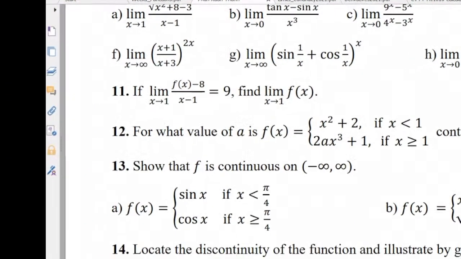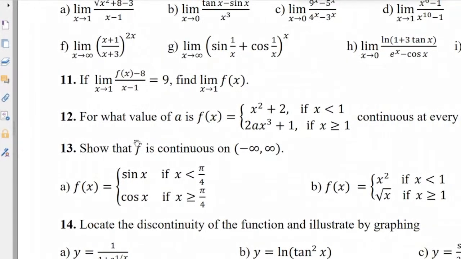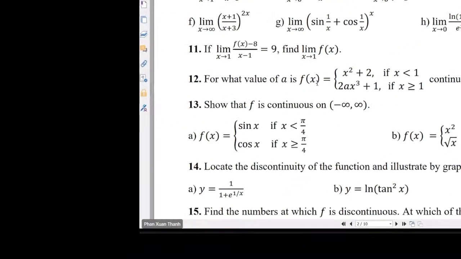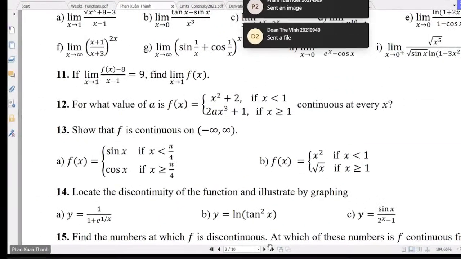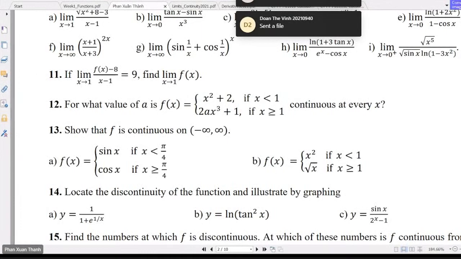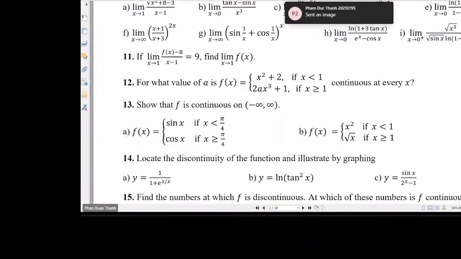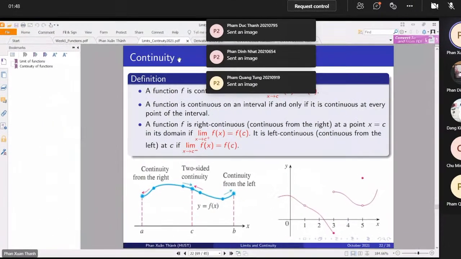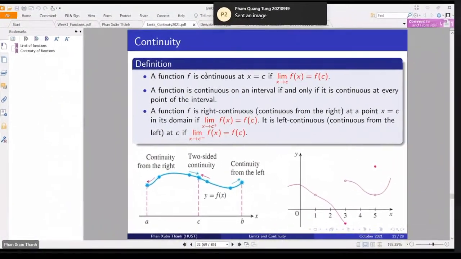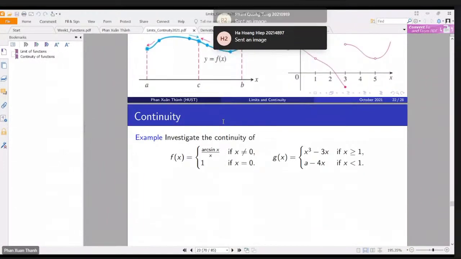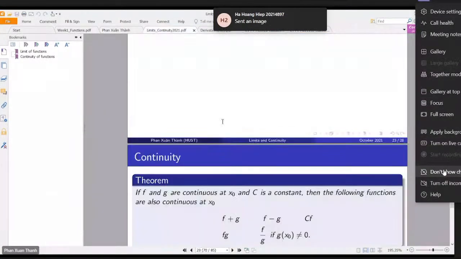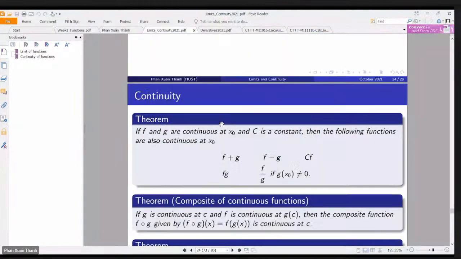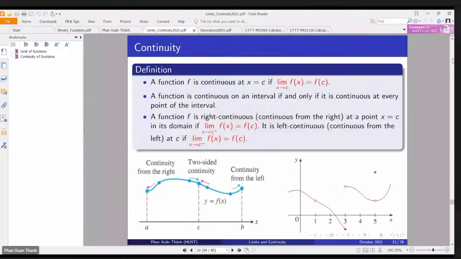And how can you find? So we have to find a for which the function f is continuous at every x. Here, let me show you the condition: we have left continuity and right continuity.